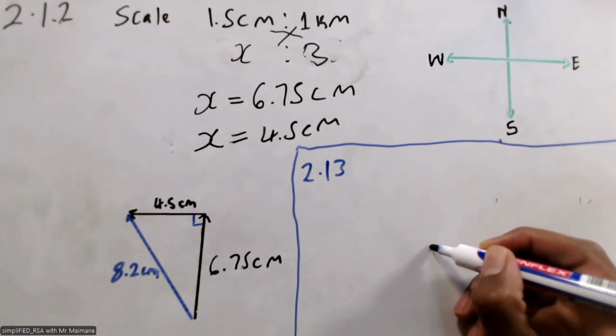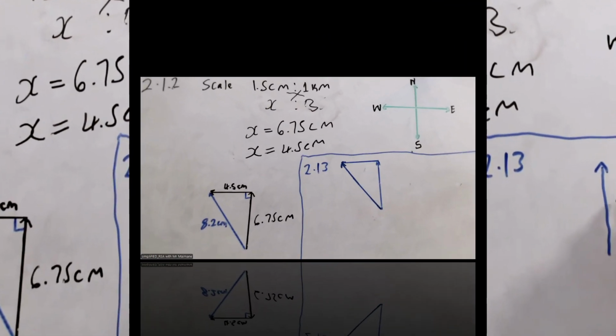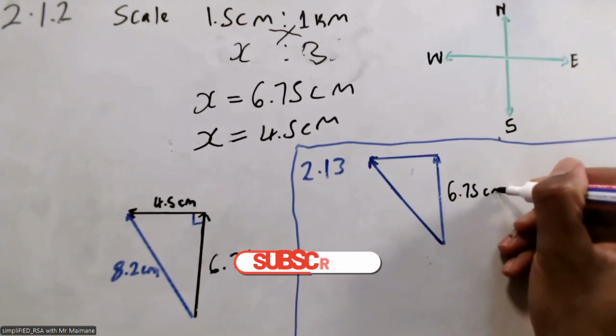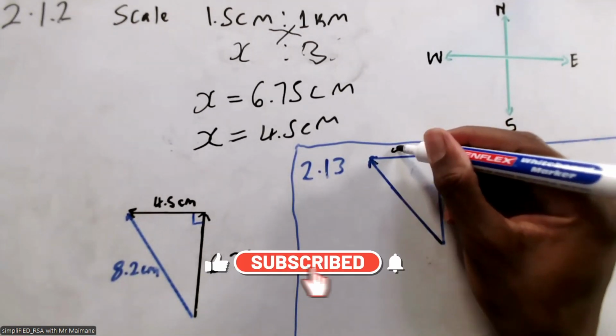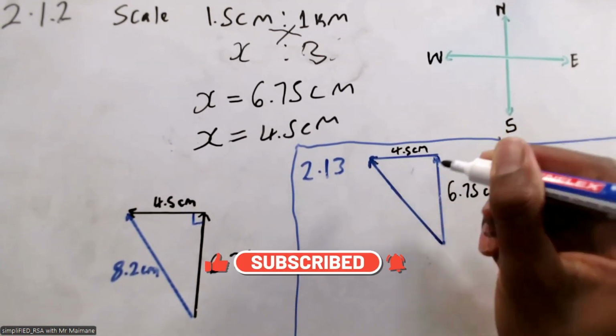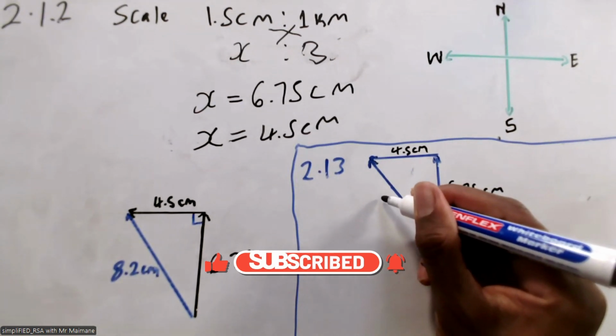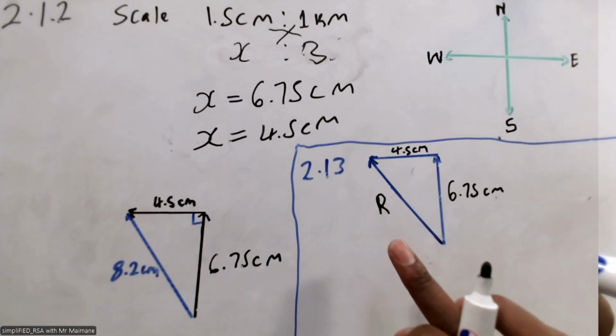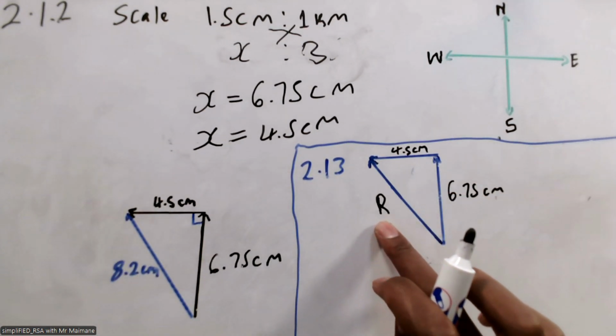Here is my structure. Given that this is 6.75 centimeters, this is 4.5 centimeters, what would be the value of the resultant vector? I mean, the resultant displacement.